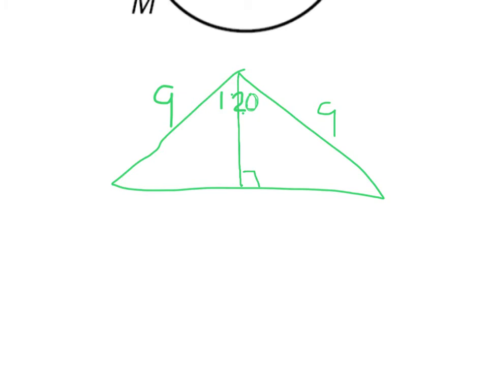If we cut this angle up top in half, we just made 2 60-degree angles. So we cut 120 in half, so we got a 60-degree angle. Now that we have a 60-degree angle, a 90-degree angle, that would make our third angle 30 degrees. So here we have a 30, 60, 90 triangle.